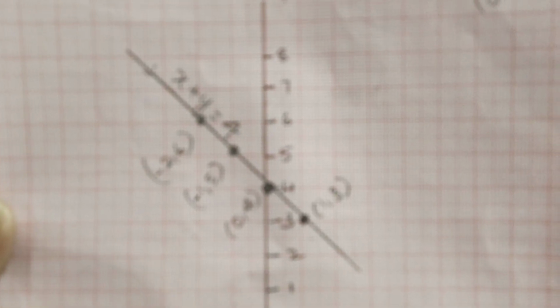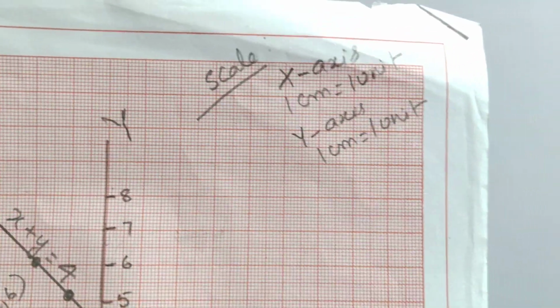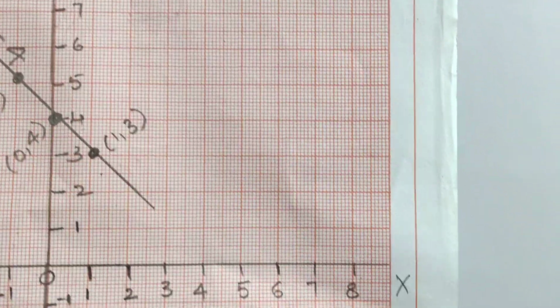See here, children. This is the graph. Okay. Can you see? This is the graph. Okay. The graph will be like this. You can see very clearly, children. This is the graph. Okay.